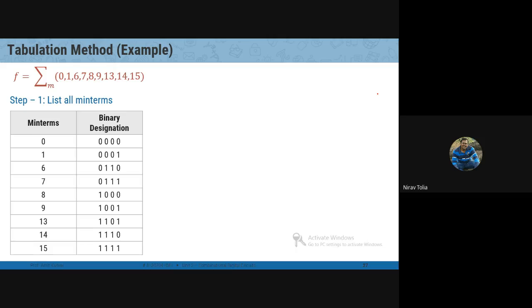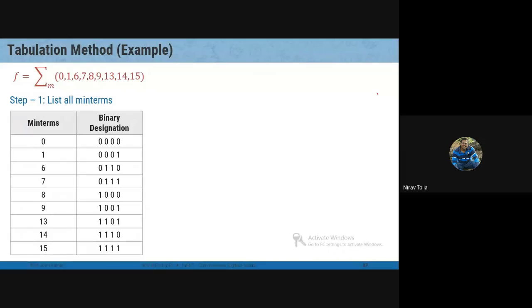So 0 is 0, 0, 0, 0; 1 is 0, 0, 0, 1; 6 is 0, 1, 1, 0; 7 is 0, 1, 1, 1; 8 is 1, 0, 0, 0; 9 is 1, 0, 0, 1; 13 is 1, 1, 0, 1; 14 is 1, 1, 1, 0; and 15 is four 1s. So the first rule is to list all the min terms.